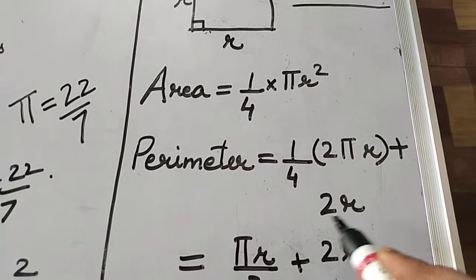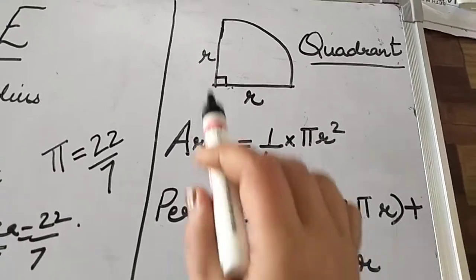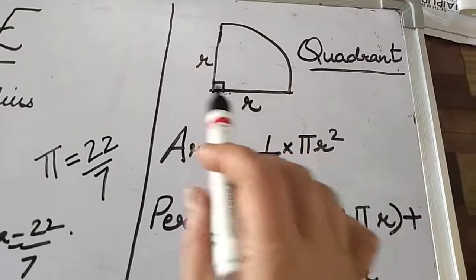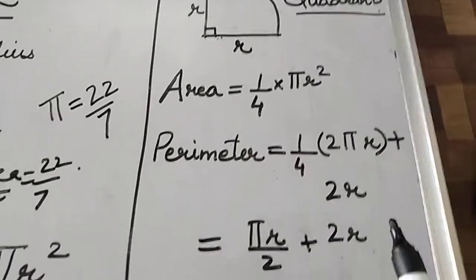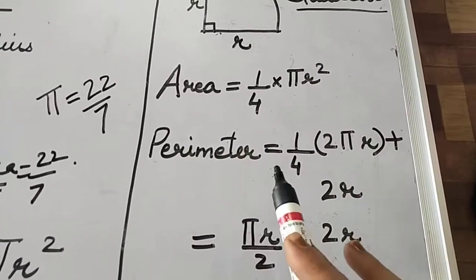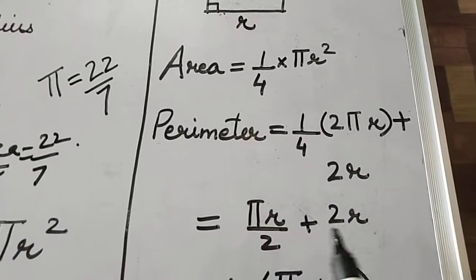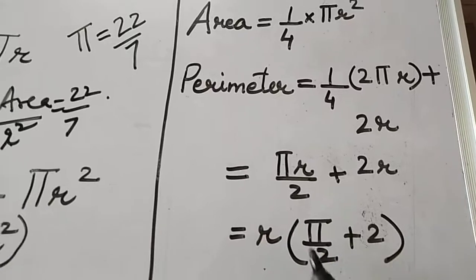Please remember children, plus 2r. Why are we adding plus 2r? Because the boundary also consists of these two radii. Clear? So when we solve this, 2 2s are 4, you get pi r by 2 plus 2r. Now take this r outside. You get r into pi by 2 plus 2.